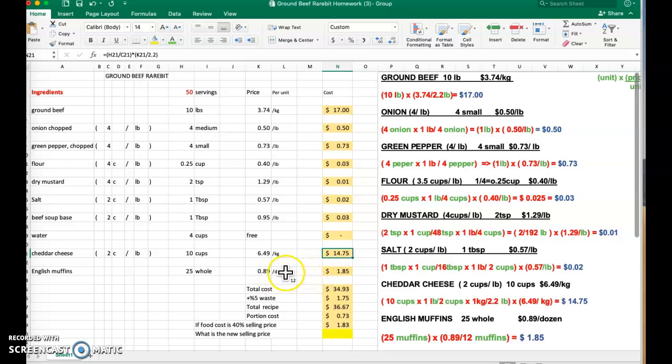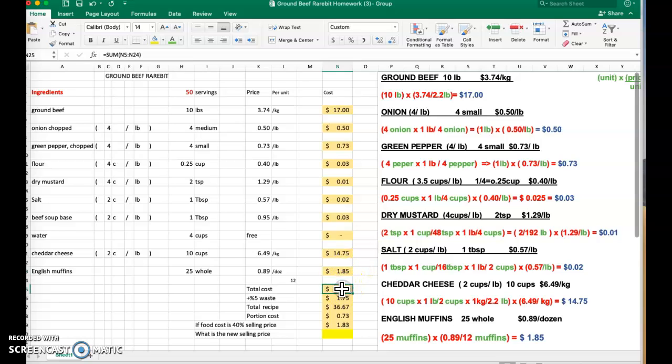So we know that a dozen equals 12, so open brackets 25 muffins, that's what the recipe calls for, close brackets times open brackets the price 0.89 divided by, it's per dozen, divided by 12. Like this we can cross cancel muffins and then find $1.85.